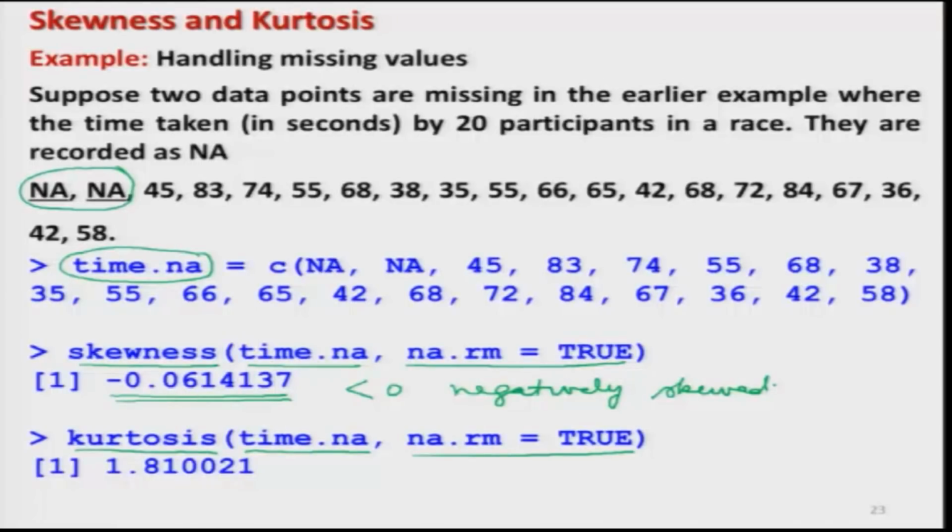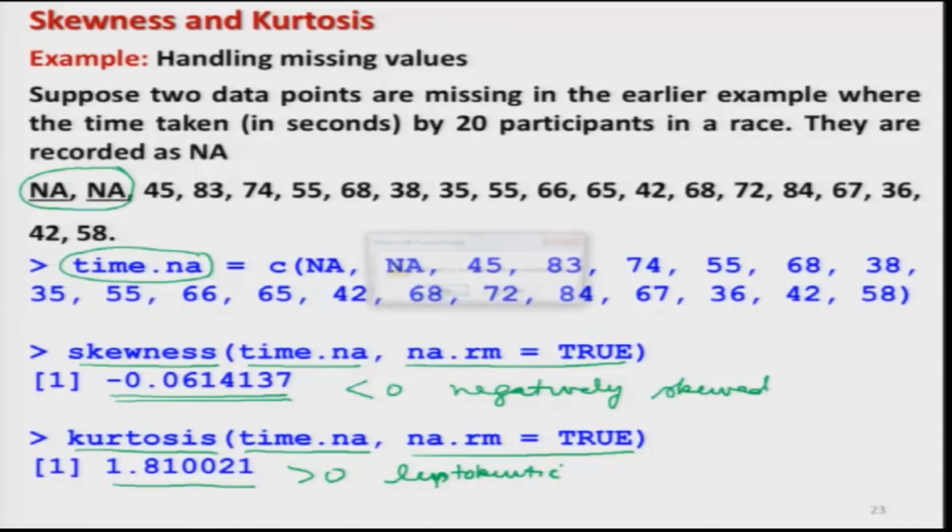So, this is indicating that when the first two observations are deleted, then the nature of the skewness has changed. Similarly, for the kurtosis, this value is 1.81 which is greater than 0. This is again showing that the curve is leptokurtic. So, this is indicating that even after removing the first two observations, the nature of the curve remains the same.